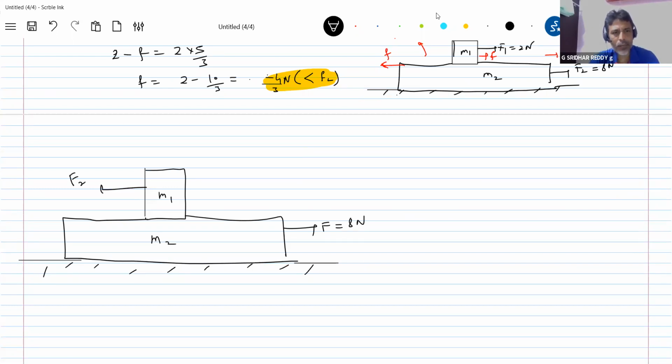Now, the same set of values. M1 is 2 kg. This is rough. This is smooth. I brought a condition like this.